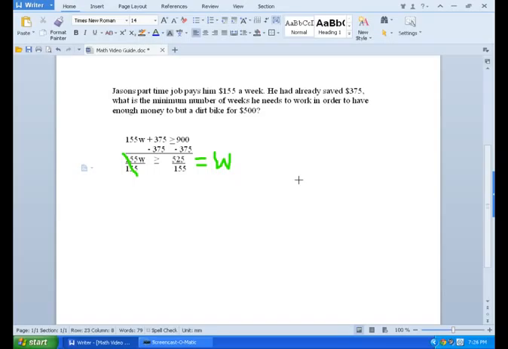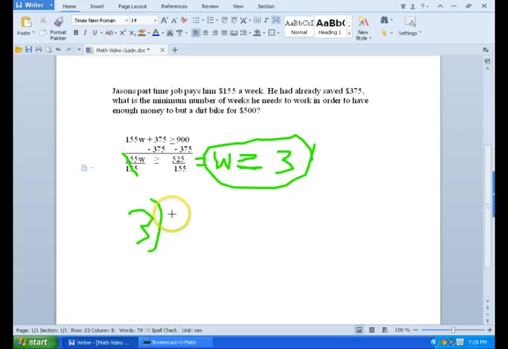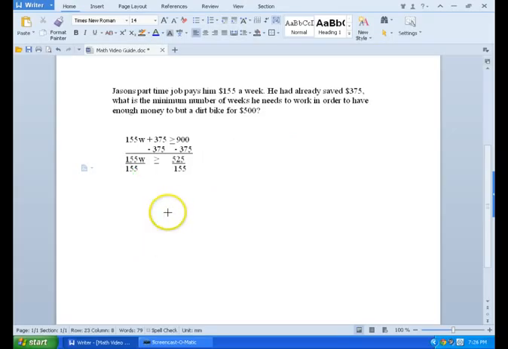So W is less than or equal to 3. That's your answer, and that's number 3. Okay, so you got it now.